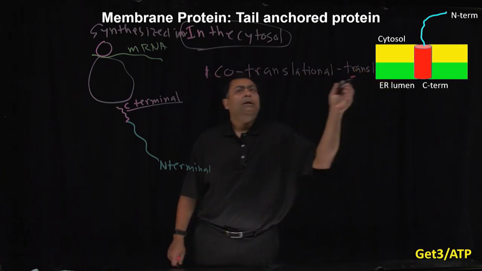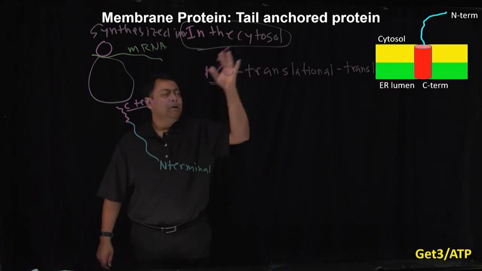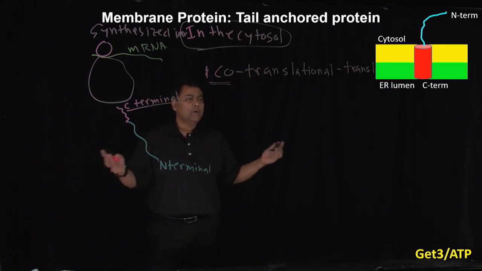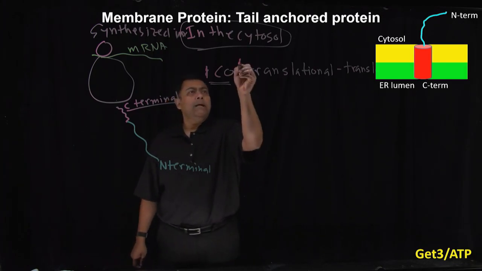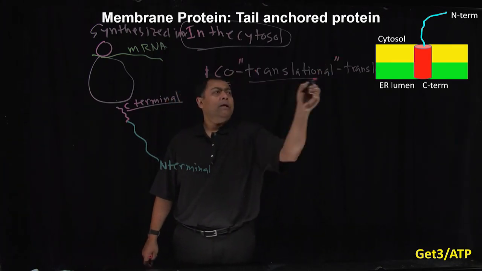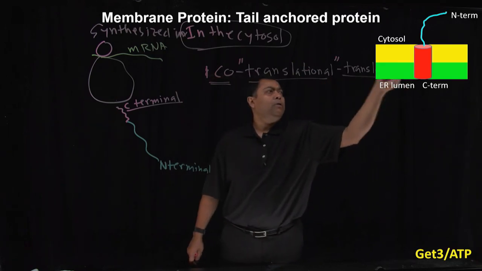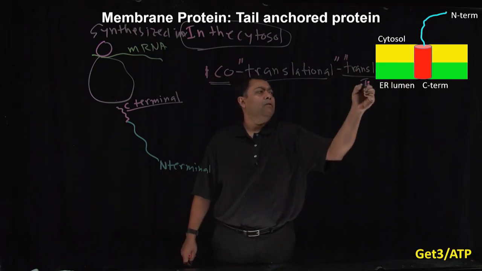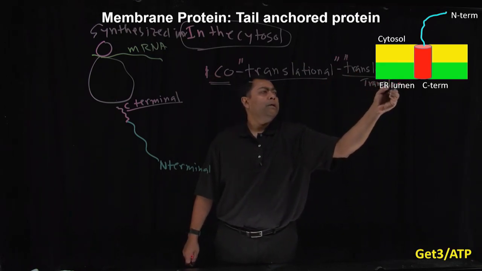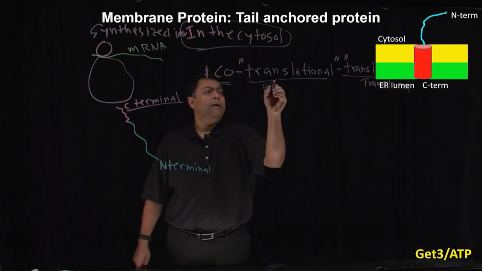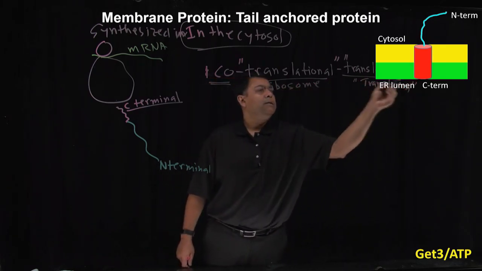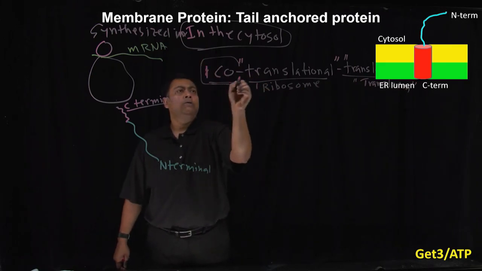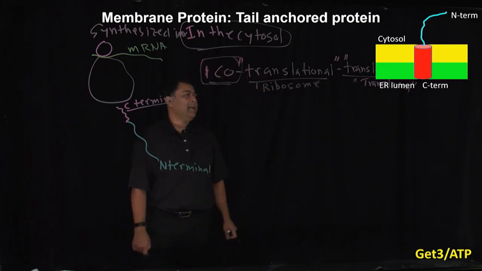That means all the other membrane types, type 1, 2, 3 that we have seen, and we're going to see the other types as well. As the protein is translated by the ribosome, the protein is translocated through the lumen of the translocon. It is co-translational, it is happening at the same time.